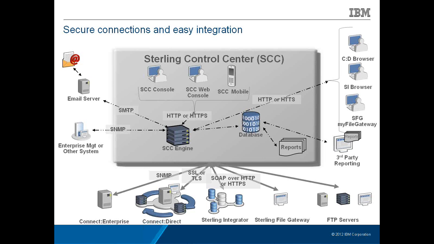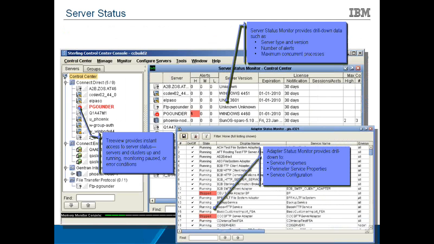It gives a web console as well as a mobile app for administrators to monitor the network. It also integrates with SNMP enterprise management systems, so Control Center can send SNMP messages to the management system to alert administrators on network monitoring.